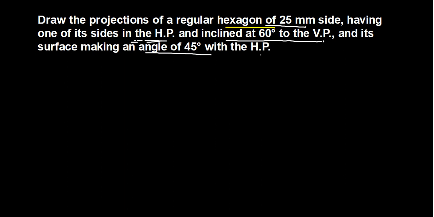Okay, so one of its sides means the hexagonal can be like this, or it can also be like this. Now which position is correct in this question? Here it is mentioned one of its sides.